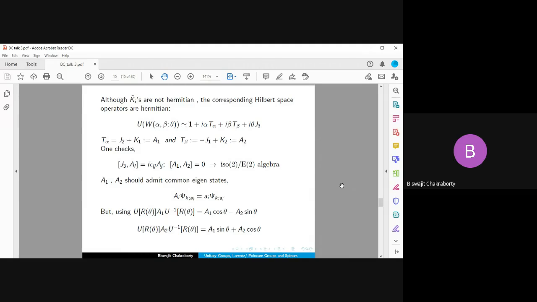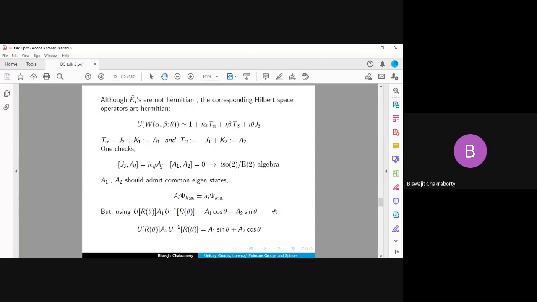Okay. So given that A1, A2 are commuting, they should admit common eigenstates, as you naturally expect. So apart from the label k in psi k, they should have another additional label a_i, so that capital A_i, when it acts on this state, brings out the eigenvalue small a_i.